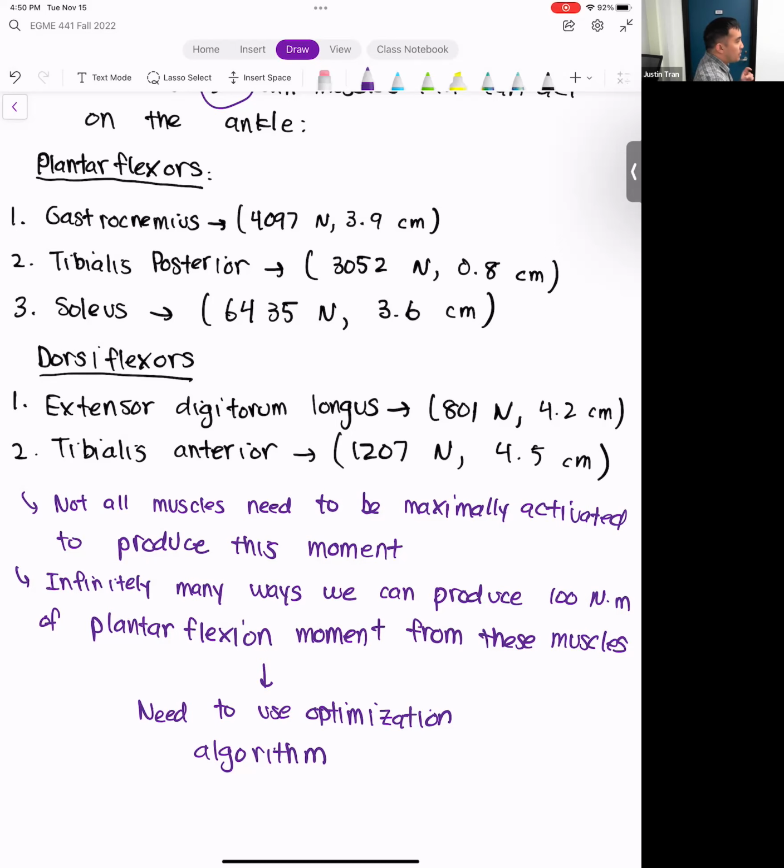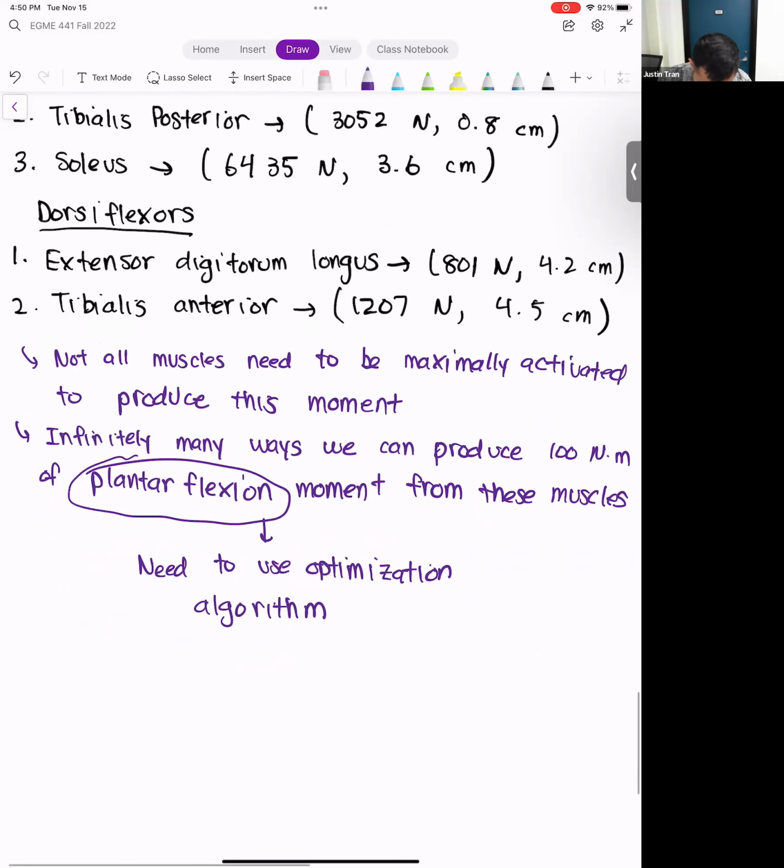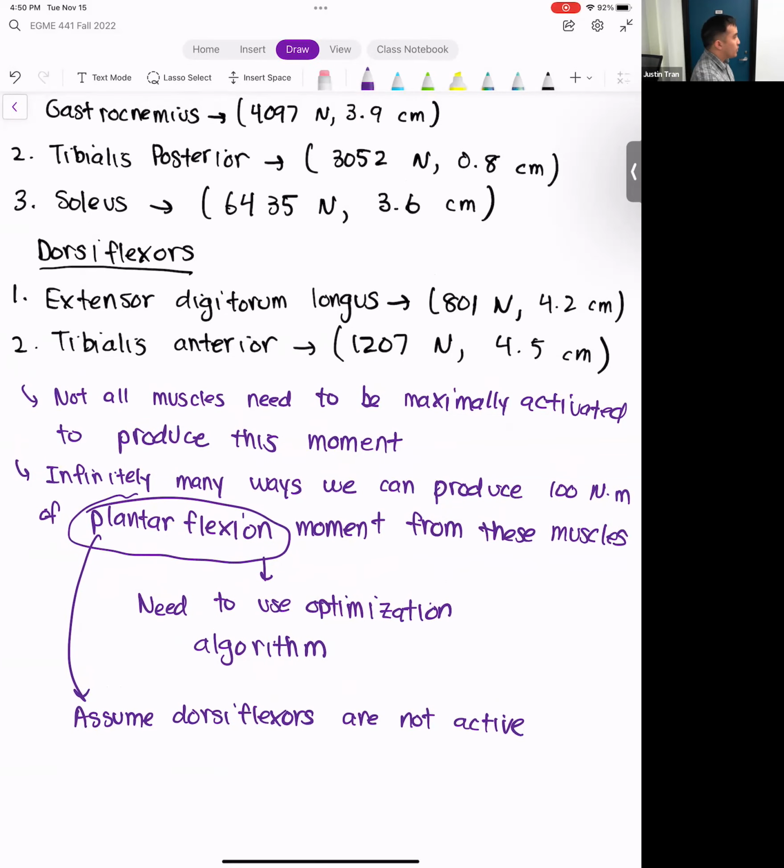Before we do that, I'm going to simplify some things a bit, just to help simplify the solution. Since we know that we need a plantar flexion moment, for this first part here, we're going to assume that the dorsiflexors are dormant, or they're not going to contribute. Which makes sense when you look at it from a purely numbers point of view, right?